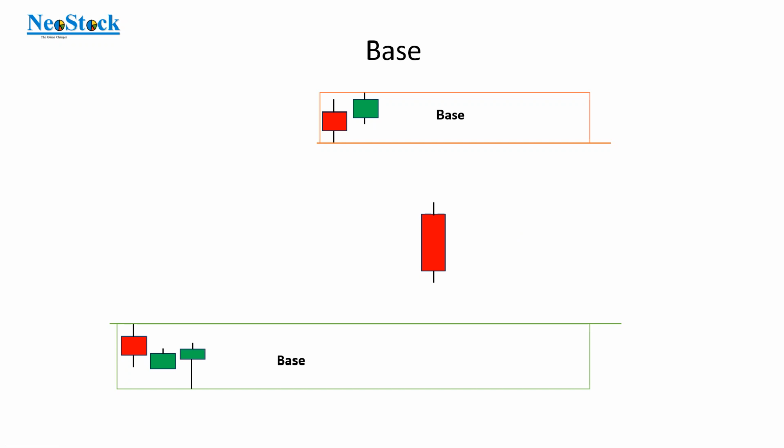And these nearest lines to the current candle are called the proximal line. Proximal line is always nearest to the current candle, or we can say nearest to the current price.